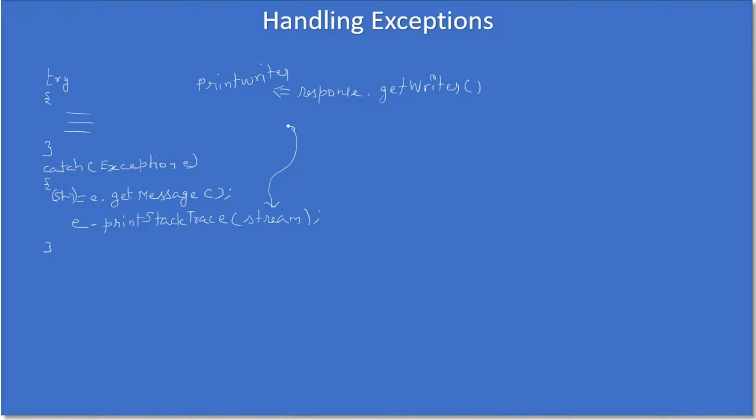That PrintWriter object you can pass here. So e.printStackTrace, and if you pass the PrintWriter object, this PrintWriter object will take care of sending the stack trace to the browser window.